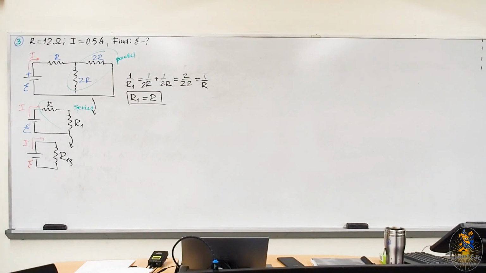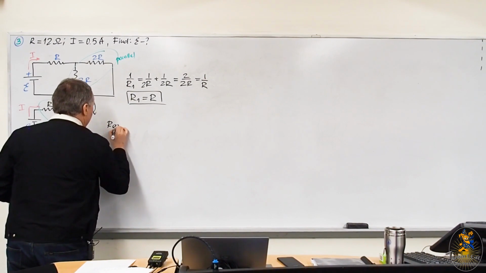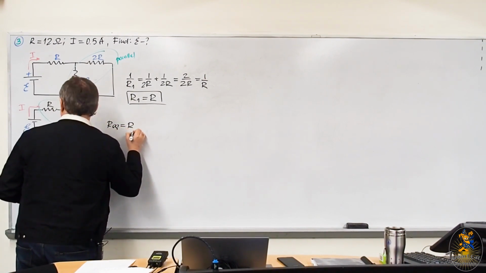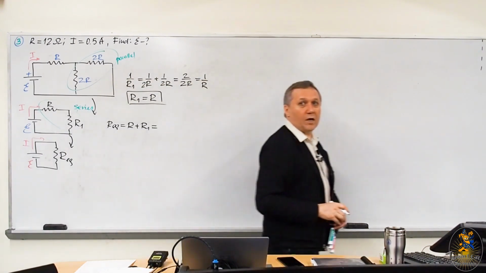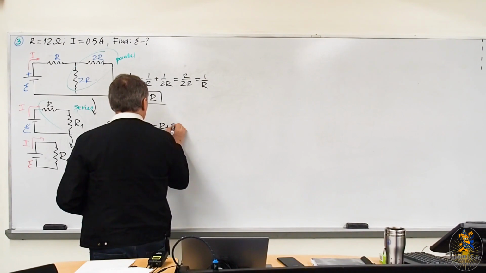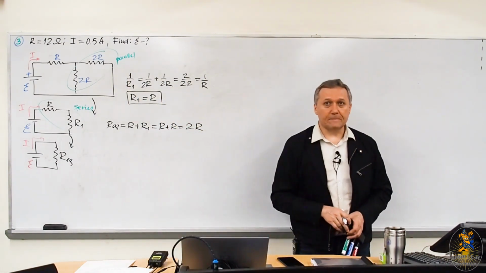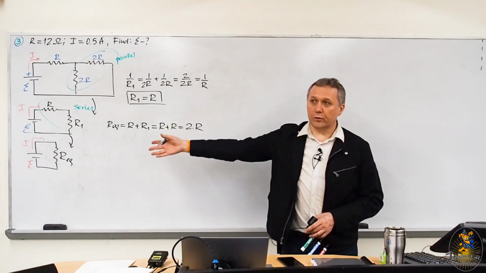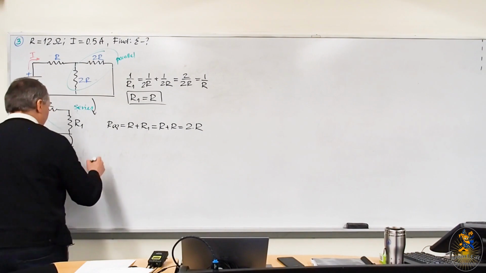And our equivalent, since it's a series, is trivial. R equivalent equals R plus R1, which is R plus R, equals 2 times R. So that's the value of the equivalent resistance. And with this trivial circuit, direct application of Ohm's law will allow us to find the answer.